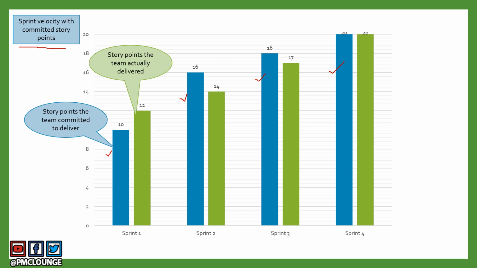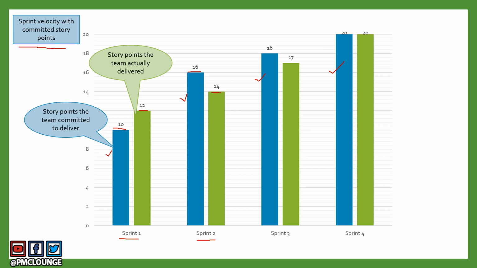So you can see that the team committed to 10 story points in the first sprint, but they were able to deliver 12 story points. This is fantastic, right? Nothing like this. But in the second sprint, the team got a bit overconfident and they committed to deliver 16 story points, but they were only able to deliver 14.